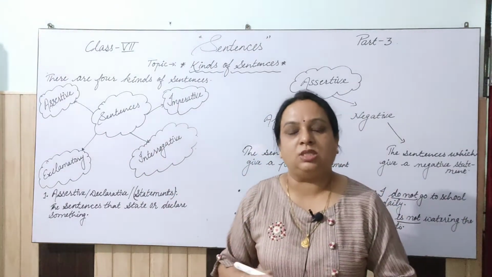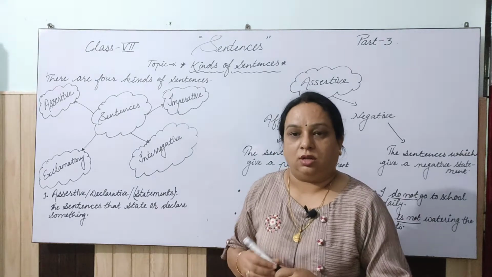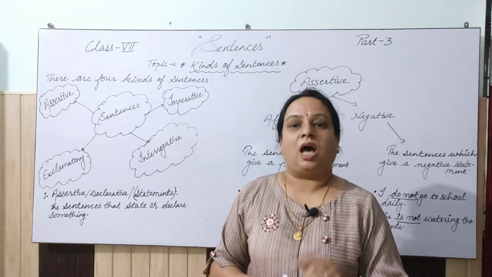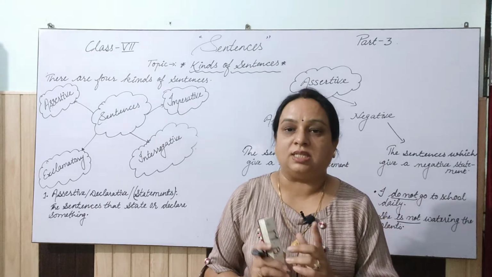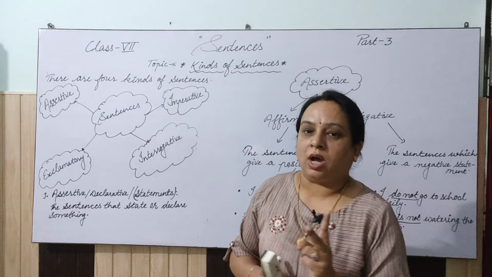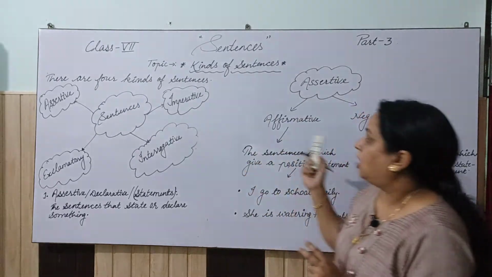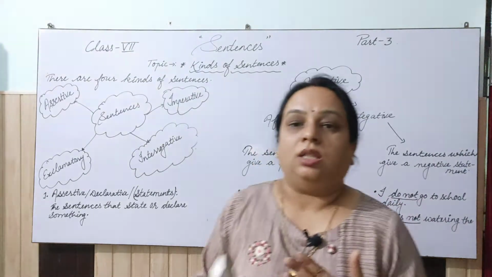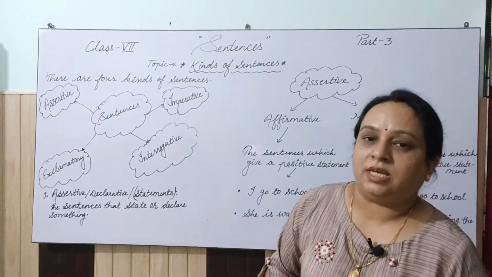So dear students, please learn carefully that assertive sentences are also known as declarative sentences. They have two kinds: number one is affirmative and second is negative. The identification is quite easy.